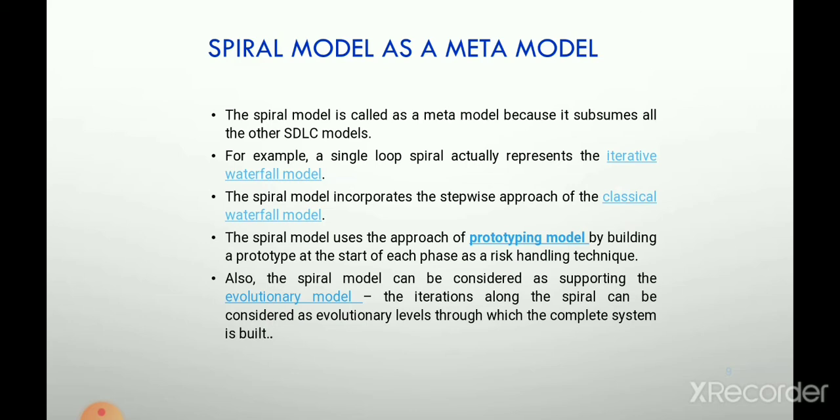These are the features of the evolutionary model. Means the spiral model combines the features of all SDLC models: waterfall model, iterative model, prototype model and evolutionary model. So the spiral model is known as a meta model.